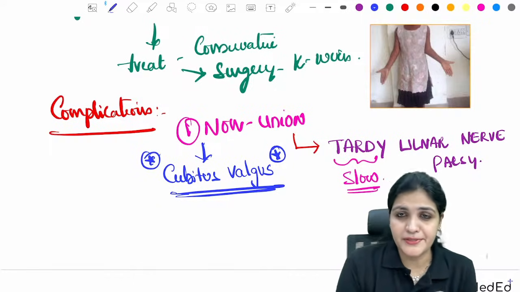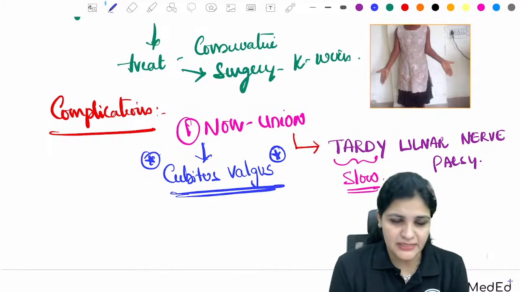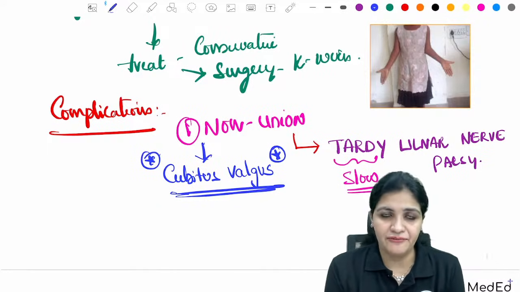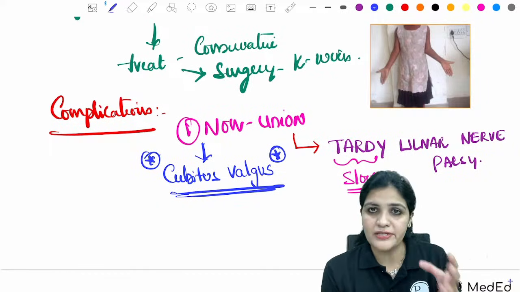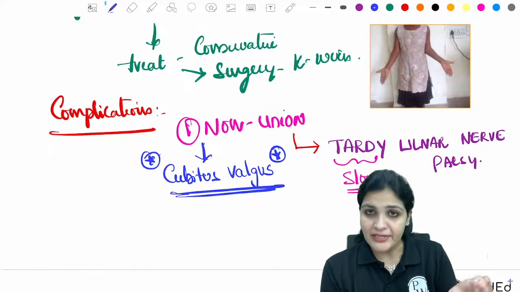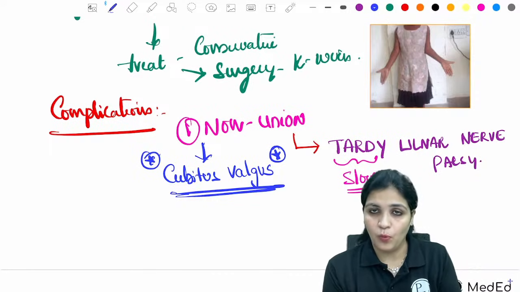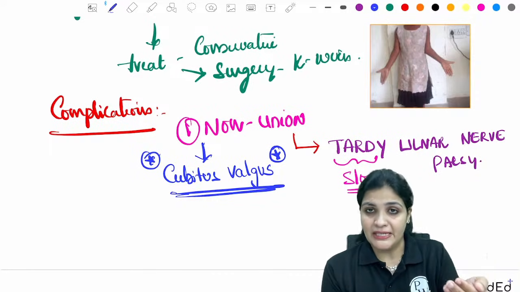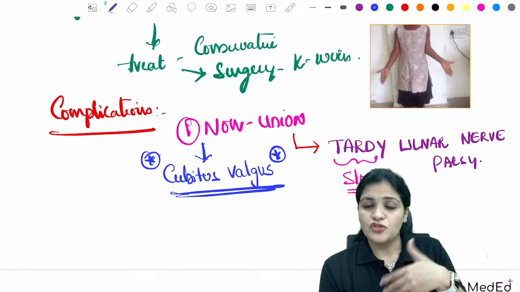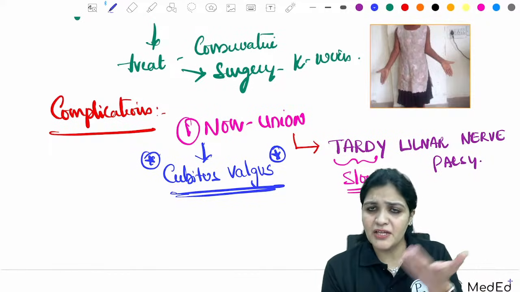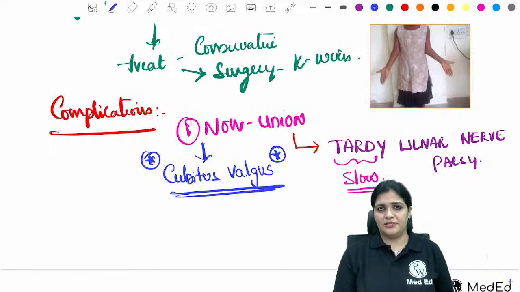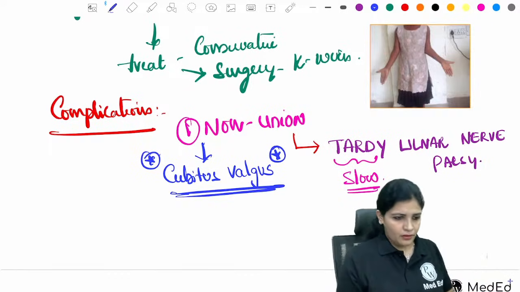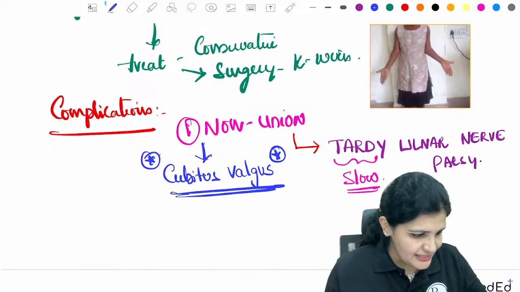But yes, to some extent up to 95 to 98%. See, there is no magic in the Salter-Harris classification. What it tells is, if the epiphysis is involved, the growth plate reserve cells are towards the epiphysis. So whenever there is epiphysis involvement, the reserve cells are damaged, and that will result in growth disturbances. That's it.